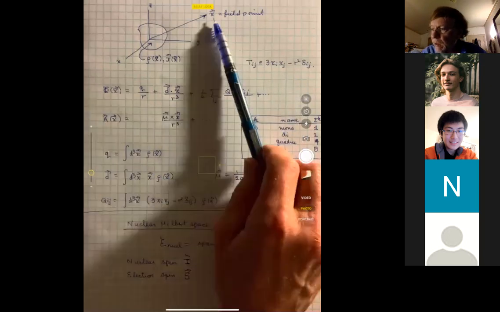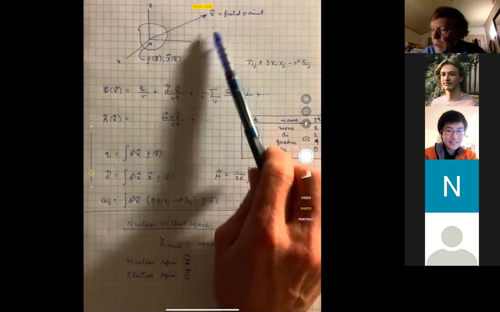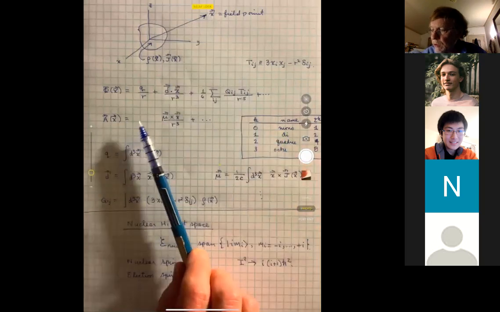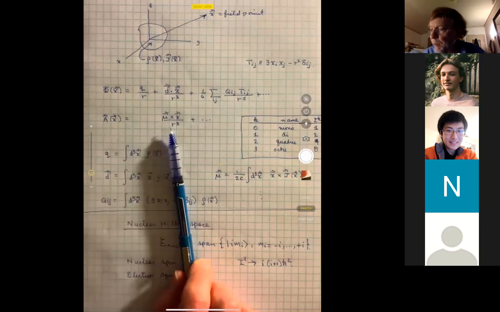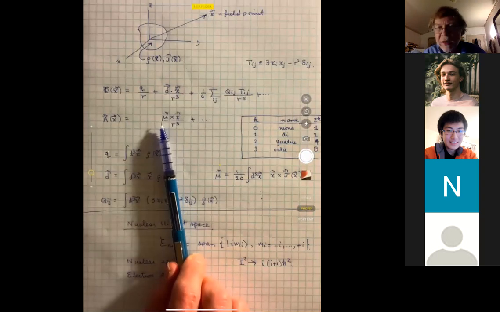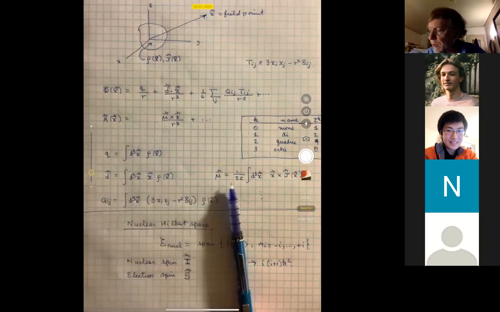Likewise, the magnetic field at the field point X has a multipole expansion. The monopole term is 0 because there are no magnetic monopoles. The dipole term is given by mu cross x over r cubed, where mu is the magnetic dipole vector. It's described as another integral over the source distribution.